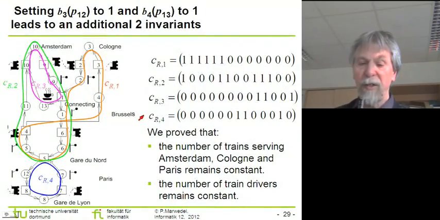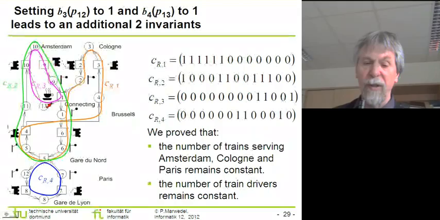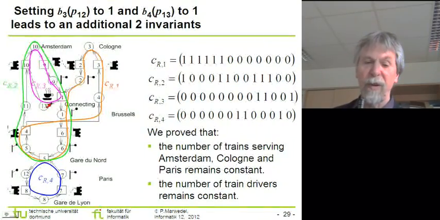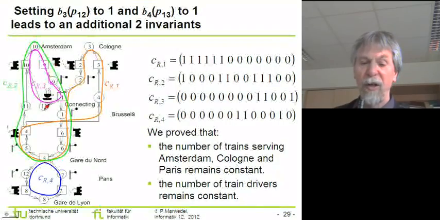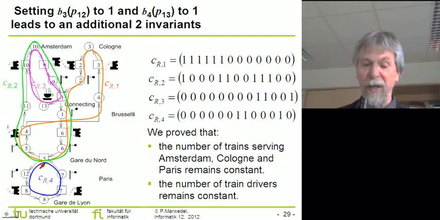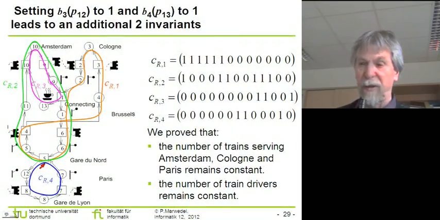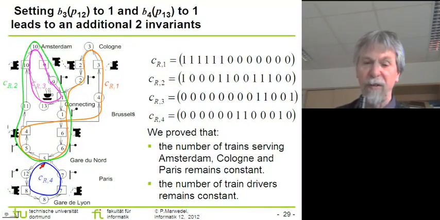We can try to identify the corresponding places there in our model, and we would find that the third characteristic vector corresponds to the train drivers. So that means that the train drivers that are starting from Amsterdam also don't get lost, and the fourth characteristic vector reflects the fact that these local trains at Paris also don't get lost.